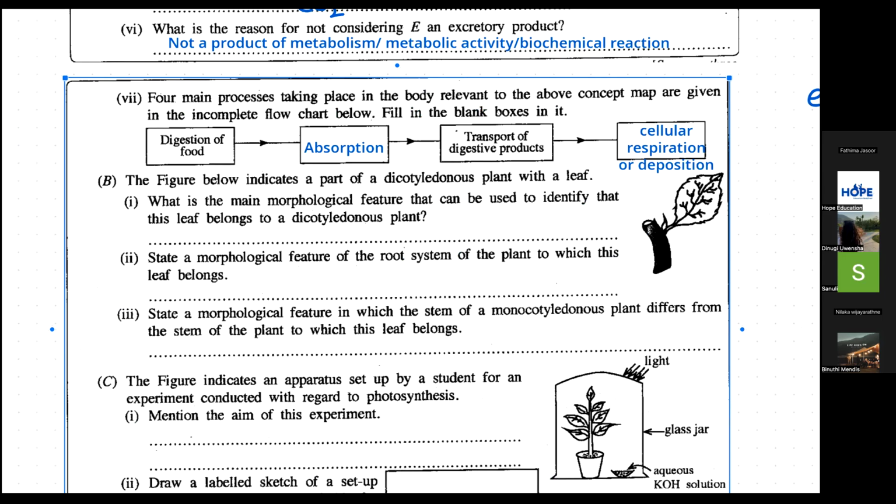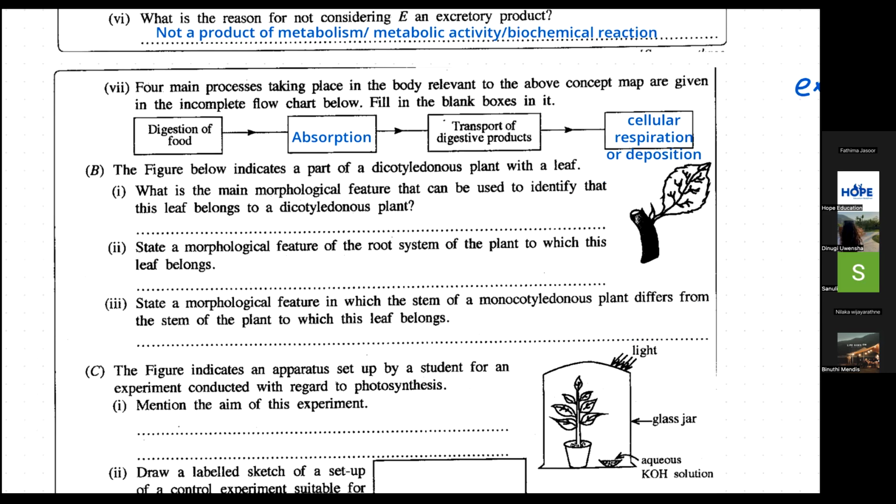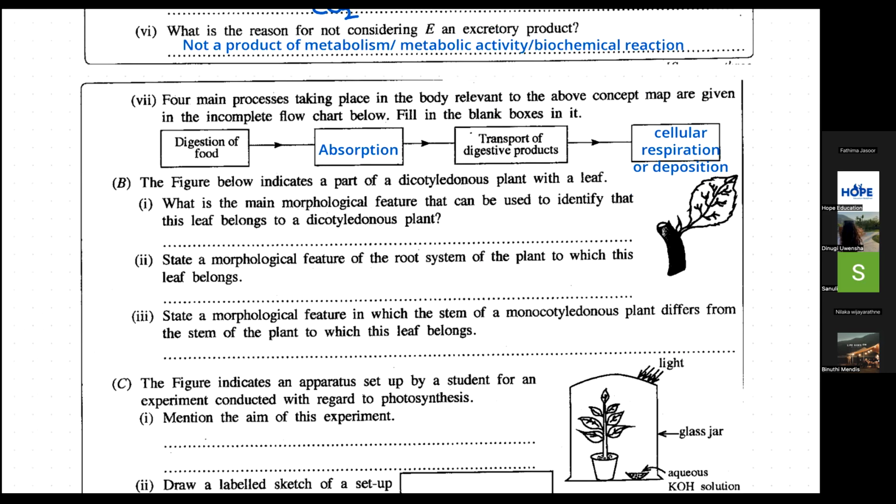Now B, the figure below indicates a part of a dicotyledonous plant with a leaf. If you take this leaf, this is a dicot leaf. What is the main feature of the dicot leaf, that as soon as you see the leaf you can say this is a dicot leaf?